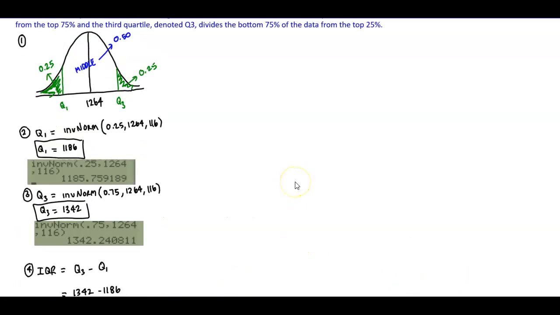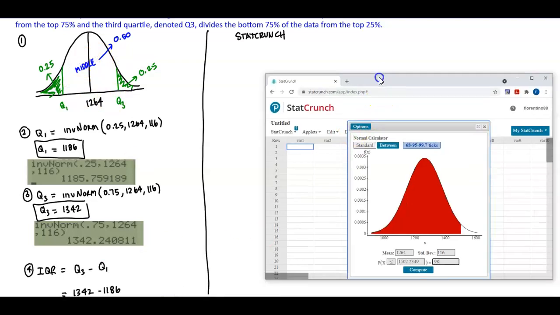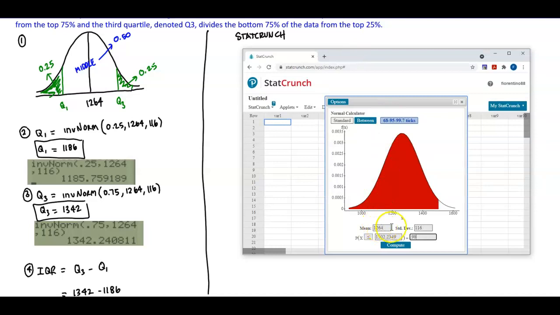Okay, now let's just go over how we would put this into our StatCrunch, okay, to give us the same results. So again, we're going to have to make sure that we cover, number one, drawing our diagram. And so again, we know that the mean is 1264. We know the standard deviation is 116.